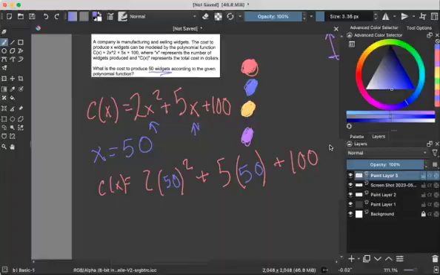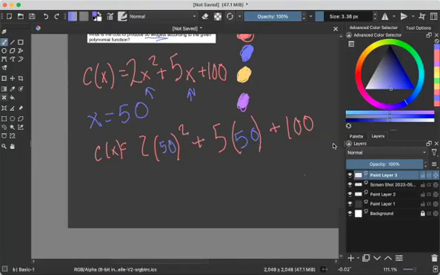So basically what happens here, you just plug in the numbers and you go in as follows.